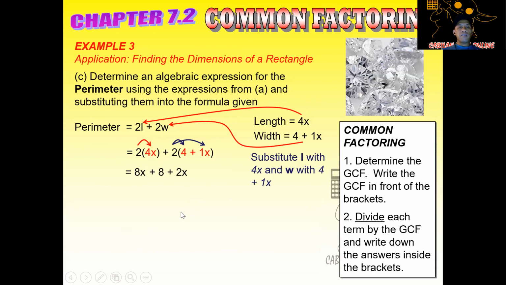Now, if you look at this expression carefully, you notice that we do have two things that we can group together. In this case, we're going to group together the 8x and the 2x. So 8x plus 2x is going to give me 10x. And then we have the 8 on its own there. So that's just the extension to this problem when we're just using the formulas and substituting the values into them.